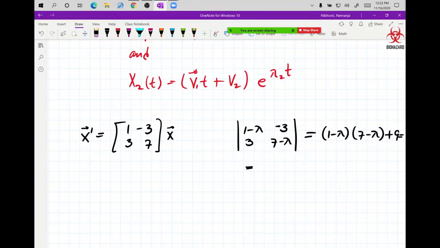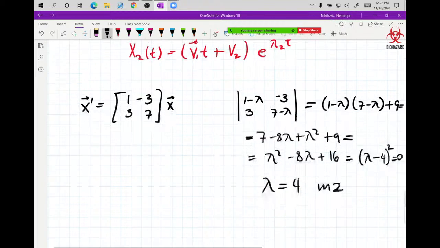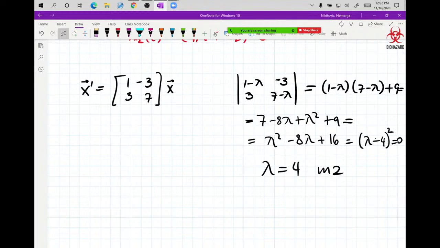And this works out to be 7 minus 8 lambda plus lambda squared plus 9, which gives us lambda squared minus 8 lambda plus 16, which factors into lambda minus 4 squared. And when you set that equal to 0, you get lambda is 4 with multiplicity 2. Awesome. So lambda is 4, and multiplicity 2 means repeated eigenvalue.